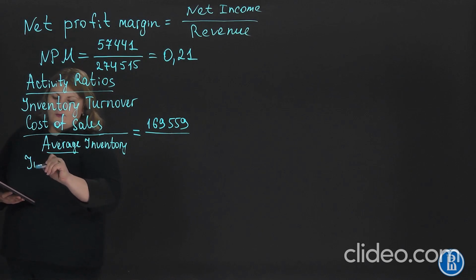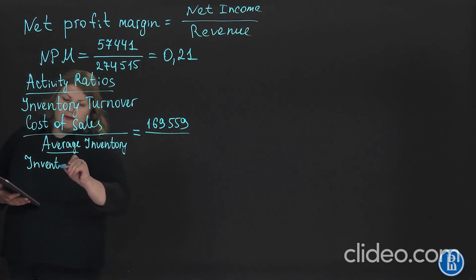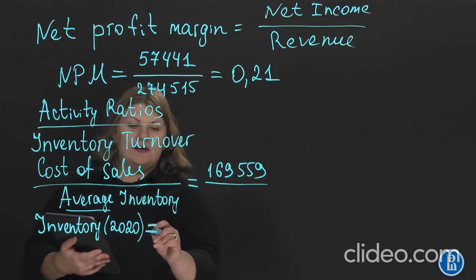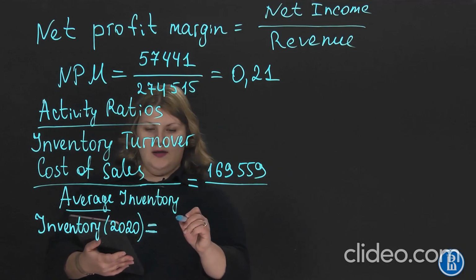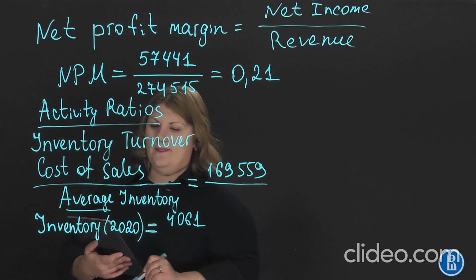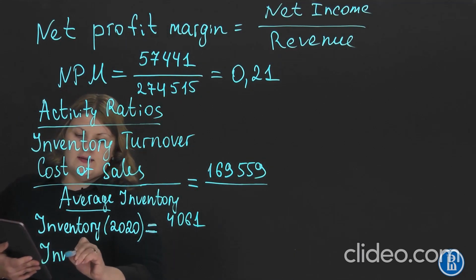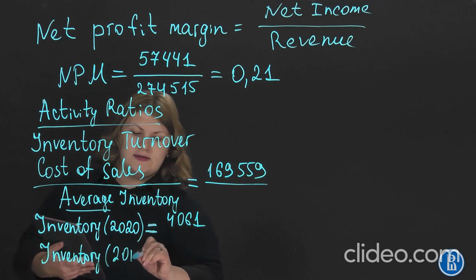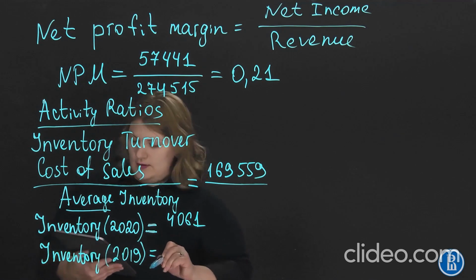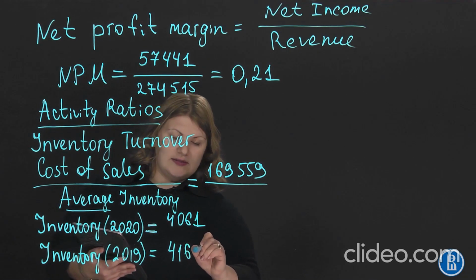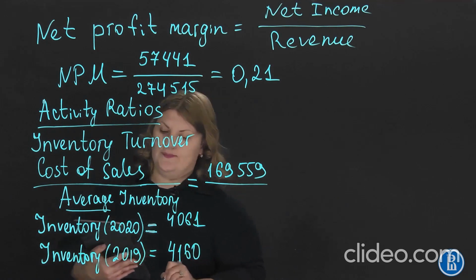Inventory for 2020 for Apple company is 4,061, whereas the inventory for 2019 you can find equal to 4,160.